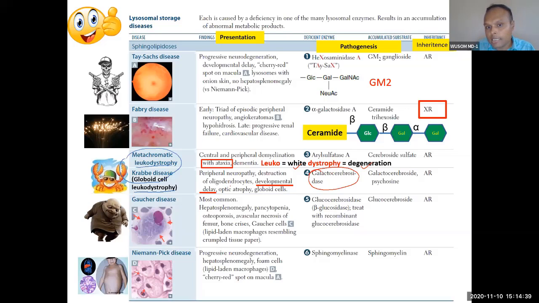That is why the deficient enzyme is the one that catabolizes galactosylceramide. If the enzyme that breaks down this lipid is absent, it will cause a problem with myelin. So remember for the time being, we will elaborate everything: metachromatic leukodystrophy and Krabbe disease are leukodystrophies. Remember Krabbe disease with this picture, crab.